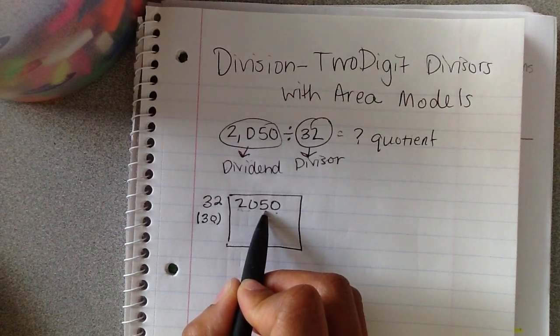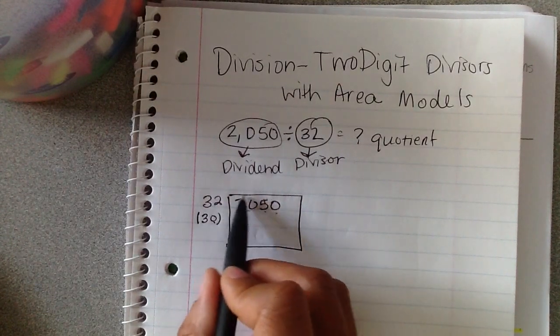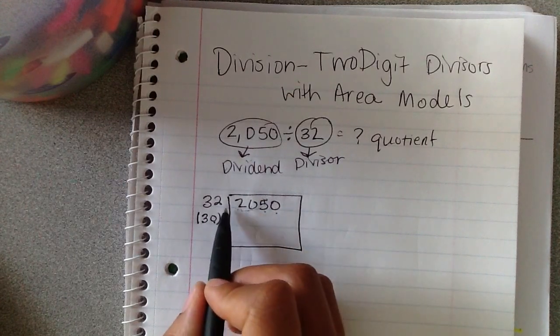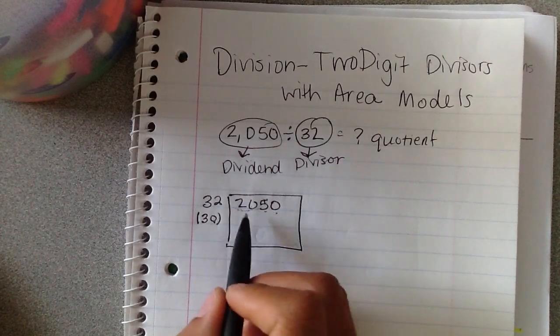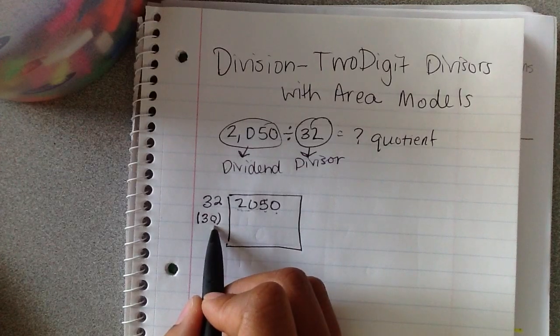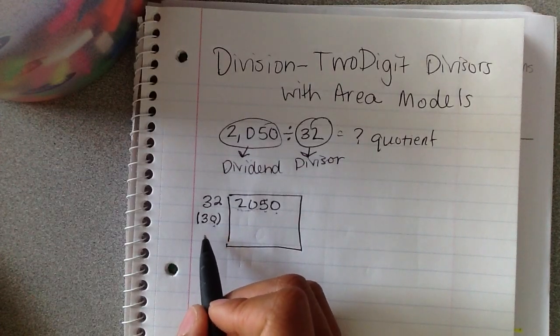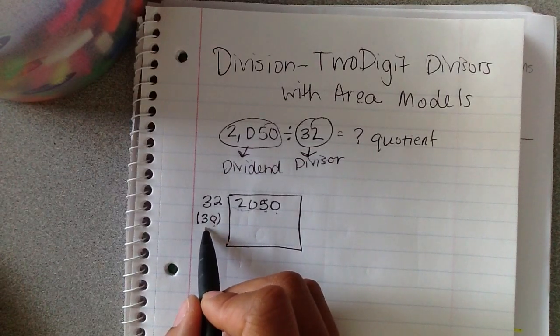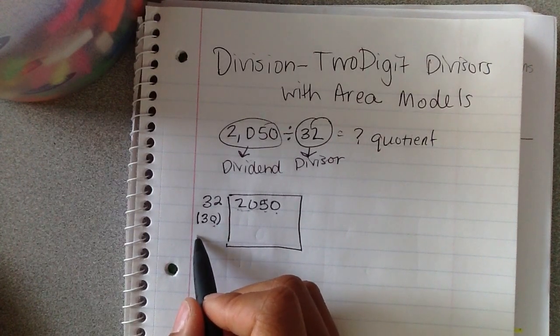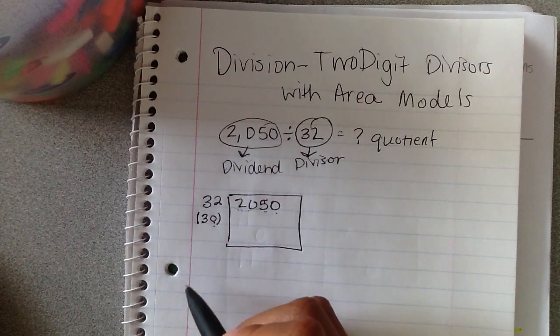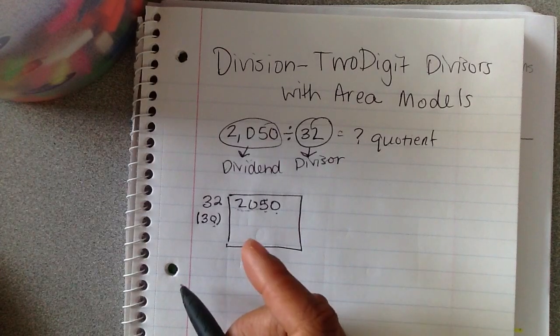So I'm going to think to myself, using those first 3 digits, what times 32 would be close to 205? Well, I can easily count by 30s because I know how to count by 3s: 3, 6, 9, 12, 15, 18, and then the next one would be 21.